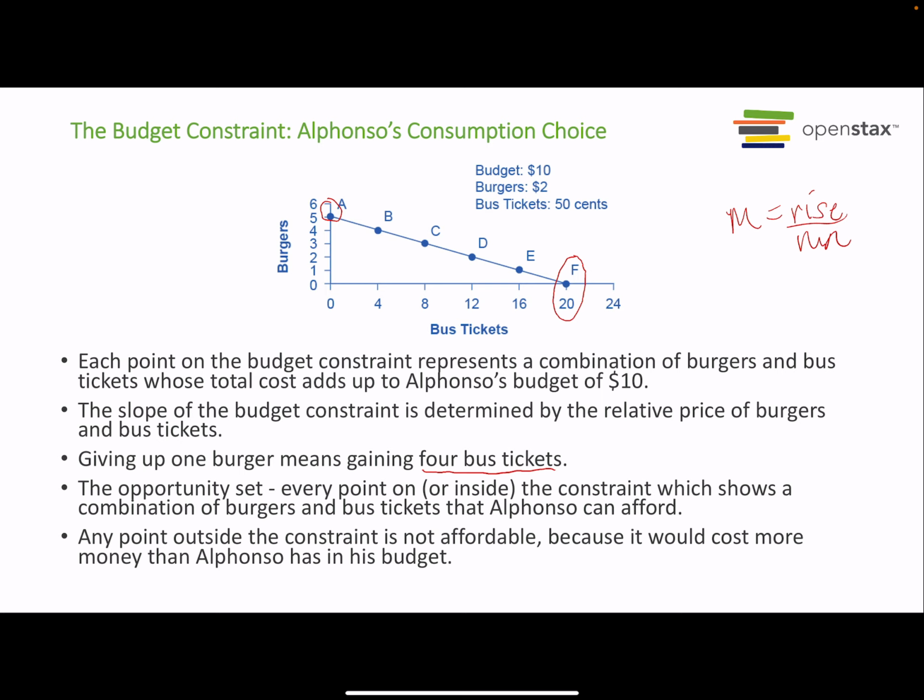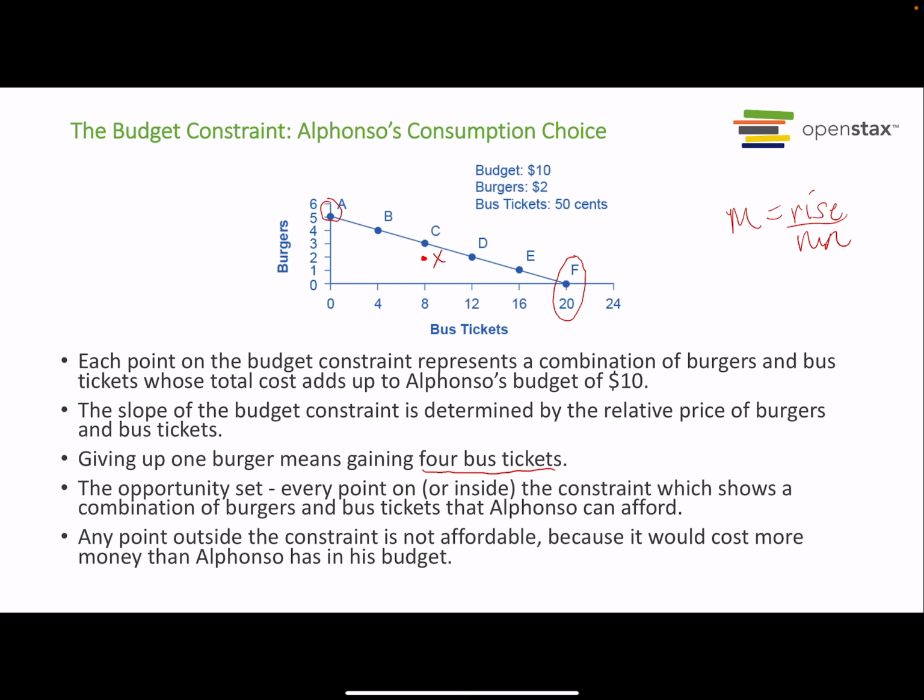In terms of the opportunity set, remember, we don't have to spend all of our money. So every point that's on the constraint, but also inside, like a combination right here of 2 burgers and 8 tickets, I'll call it combination X, that is in the opportunity set. He wouldn't be spending all of his money, he would be saving some, but it is possible for him to consume that combination.